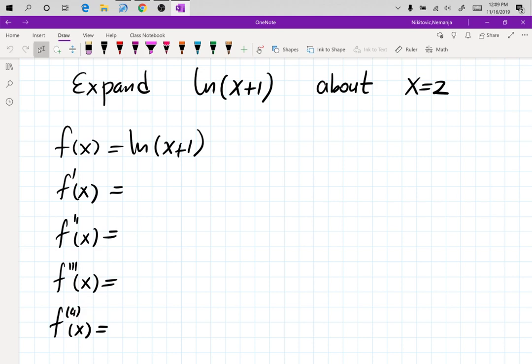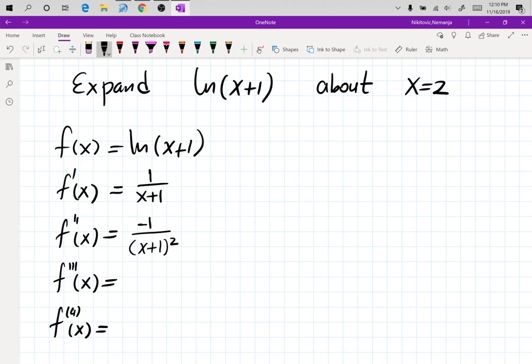So let's take a look. The first derivative over here is 1 over x plus 1, yes. So that's our first derivative there. Copy the function as is and then do that. And then we have the next derivative, which is negative 1 over x plus 1 squared, and the derivative of the inside is still 1.